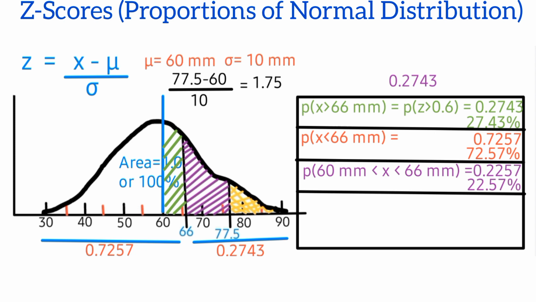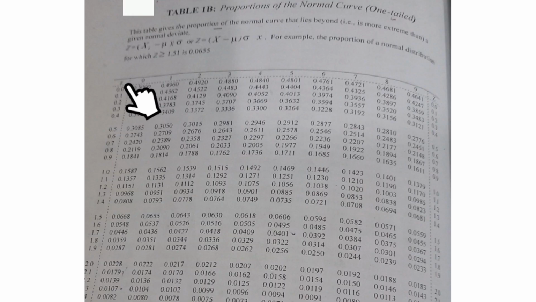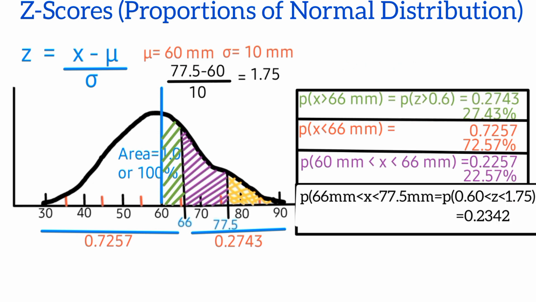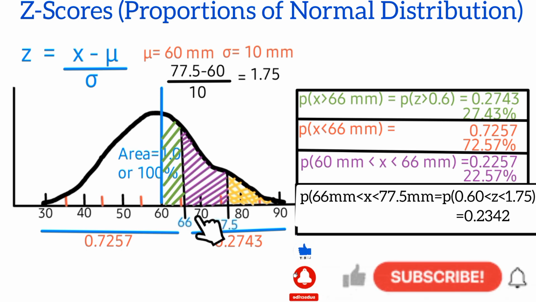Let's visit our proportion of normal curve table where we'll find 1.7 under 5. The z is 1.7 and then under 5 we have 0.0401. So subtracting this value from this value gives the probability of selecting a bone that lies between 66 millimeters and 77.5 millimeters. That is the probability that z lies between 0.60 and 1.75.